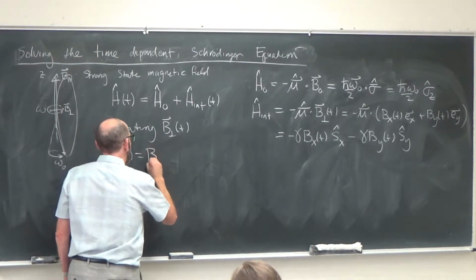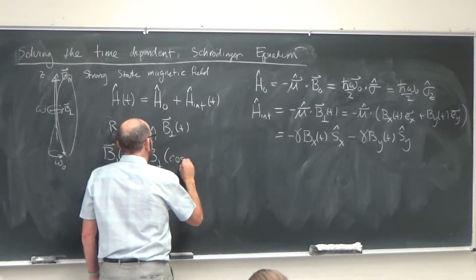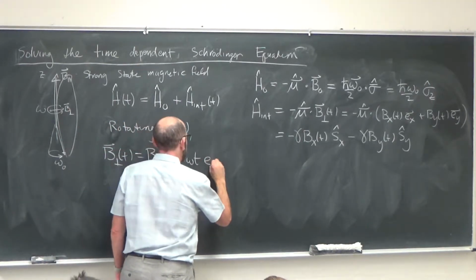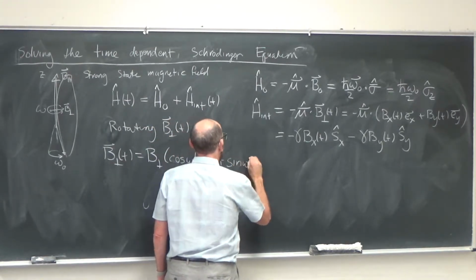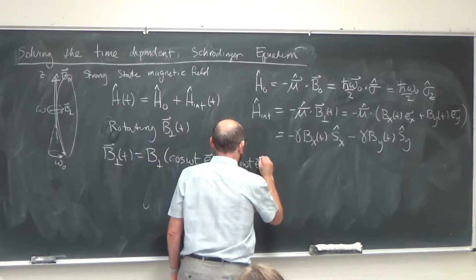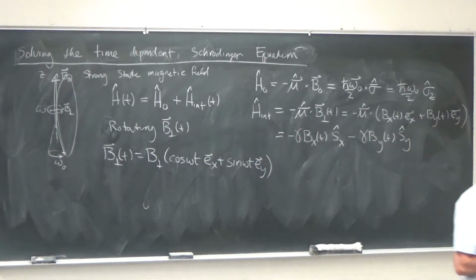Which has some magnitude, and the direction will just rotate in the xy plane with the frequency omega. When omega equals omega naught, we expect resonance. Okay.